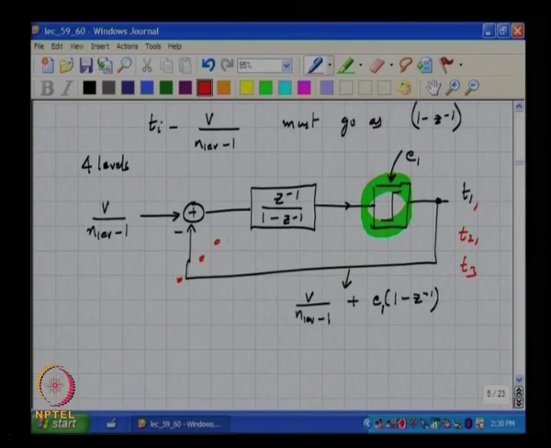First of all, is this insensitive to mismatch or is it sensitive to mismatch? Insensitive to mismatch. Okay. And why do you think it is insensitive to mismatch? Because T1, T2, T3 they are linear functions of V. Okay. All right.